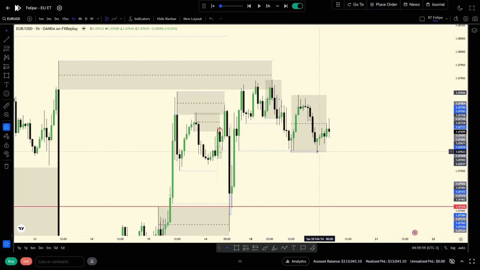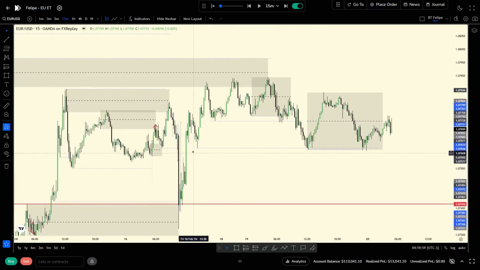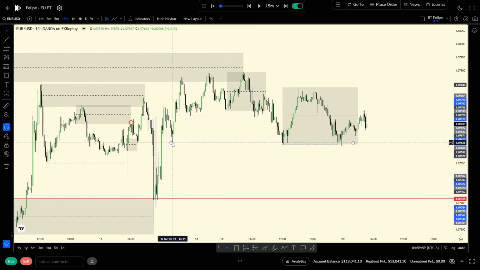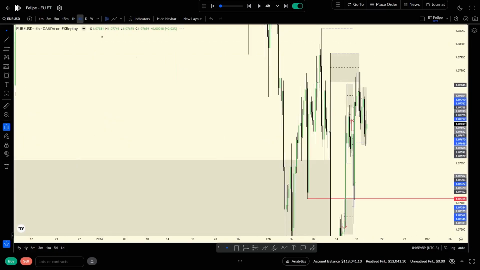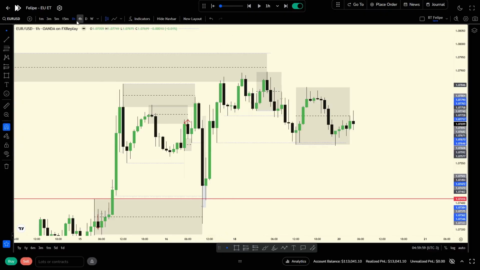Can enter demand still here. This is the only liquidity on H1. This is only M15. This could be the last liquidity to go up. Yeah, it's the last liquidity on H4.